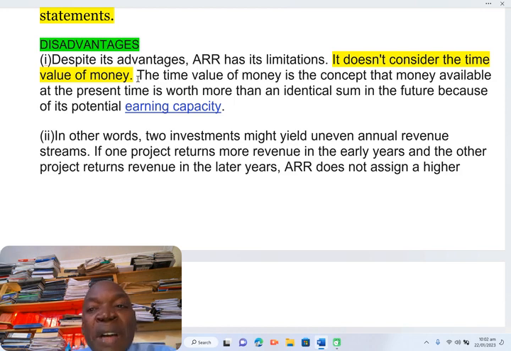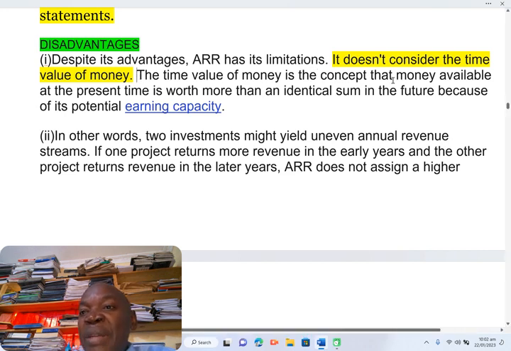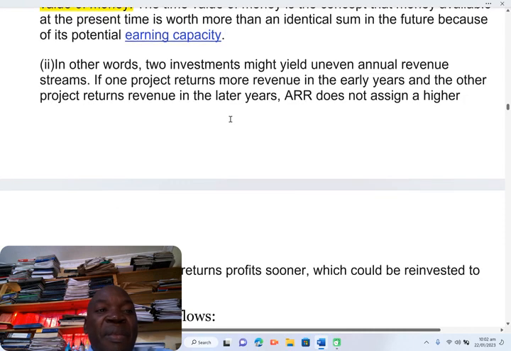Therefore, the disadvantage of this method is that it does not accommodate the time value for money. The time value for money is a concept that money available at the present time is worth more than an identical sum in the future because of potential earning capacity. So this is the first weakness.